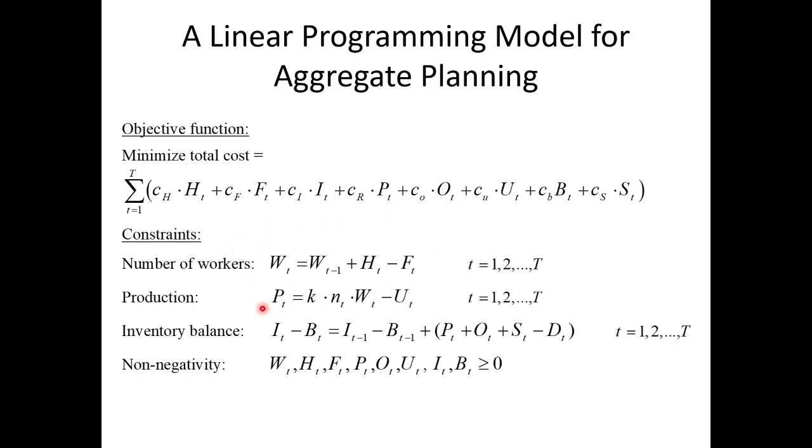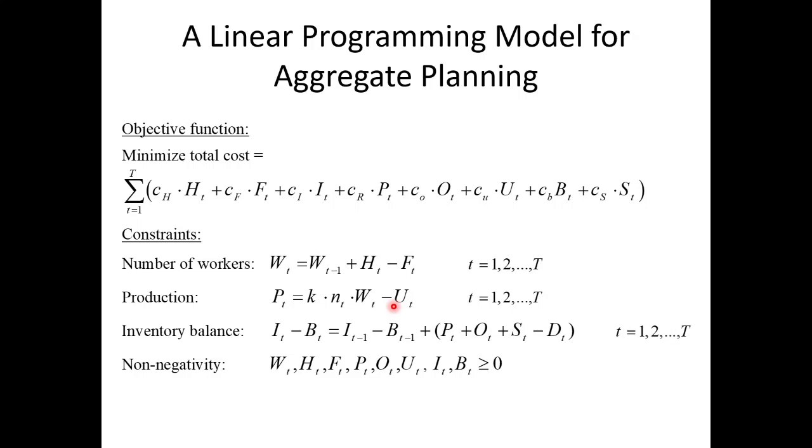Now we have another relationship which says, well, the amount of production equals the capacity minus the undertime. And remember, in our example, we do not have overtime here. The overtime should be 0. Okay, so you can actually neglect the overtime in our example, or you can add it here.